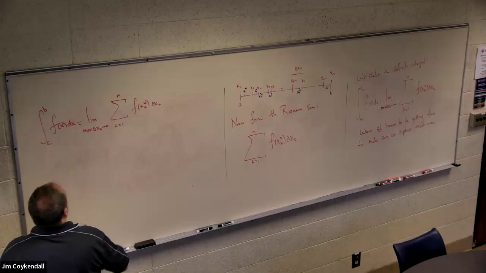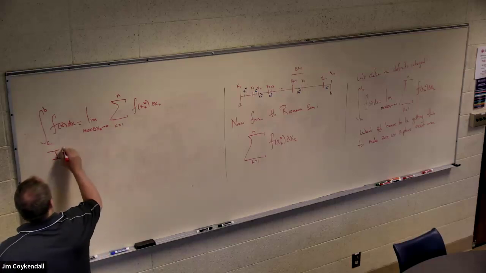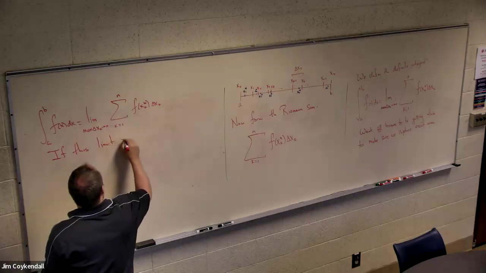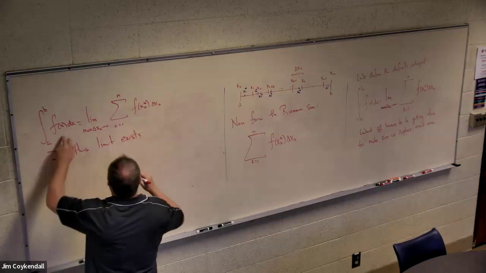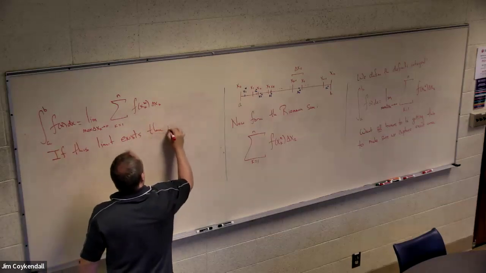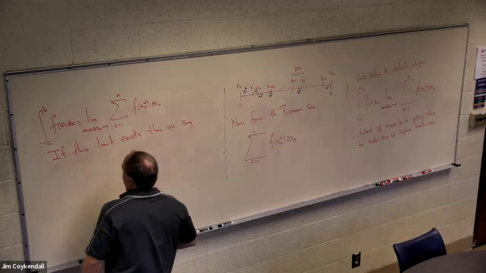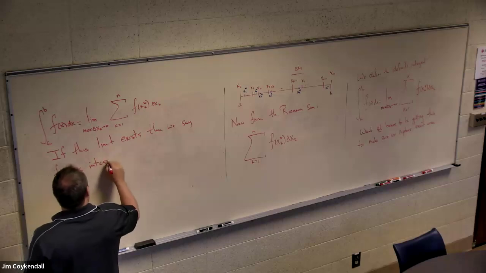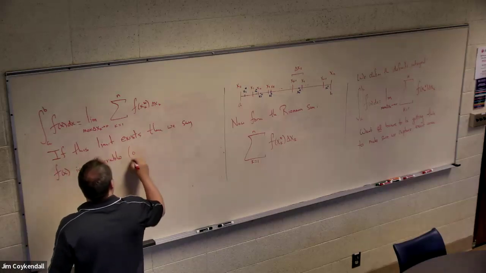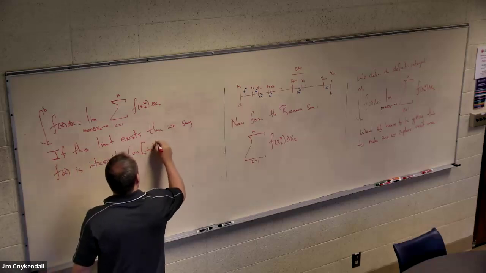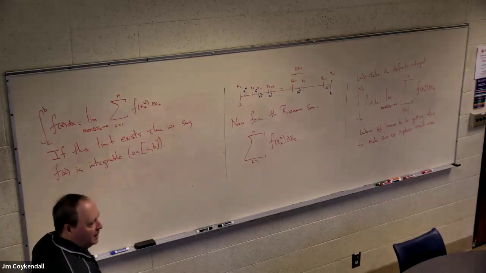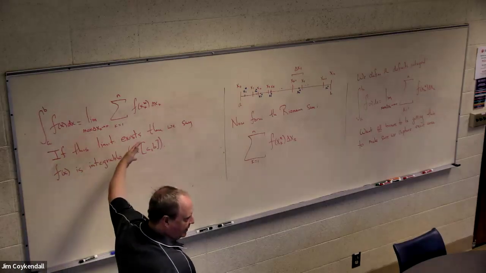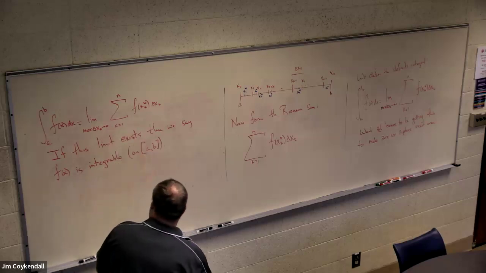So if this limit exists, that is to say, if this integral exists, then we say the function f of x is integrable on the interval. When I say a function is integrable, that just means you can integrate it. That limit exists. You can get a number.